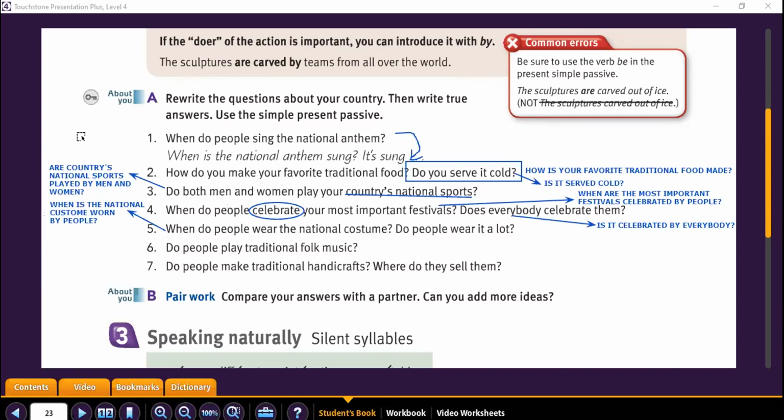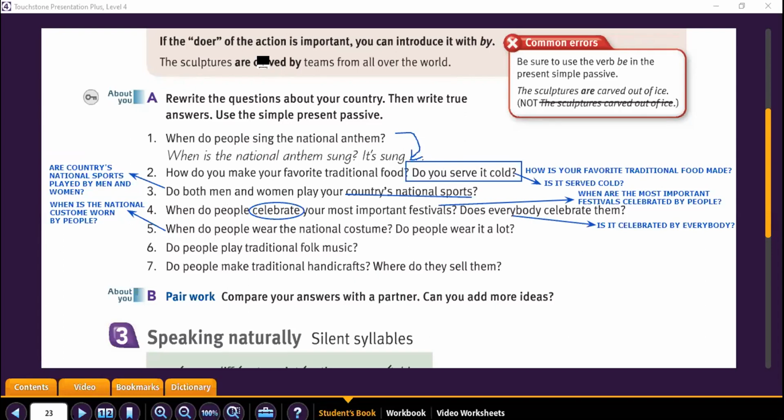En este caso, by people, podríamos dejarlo o también podrían omitir, no es tan importante en este caso quién realiza la acción, ¿no? Cuándo se lleva o cuándo se usa el traje nacional. Eso es lo más importante.